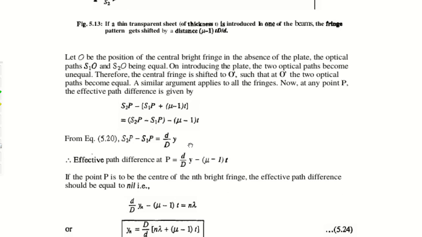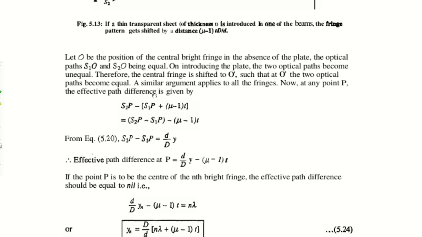So this is the path difference, but here there is another path difference, which is (mu minus 1) into t. So the effective path difference at P is this. Let us describe from the beginning.